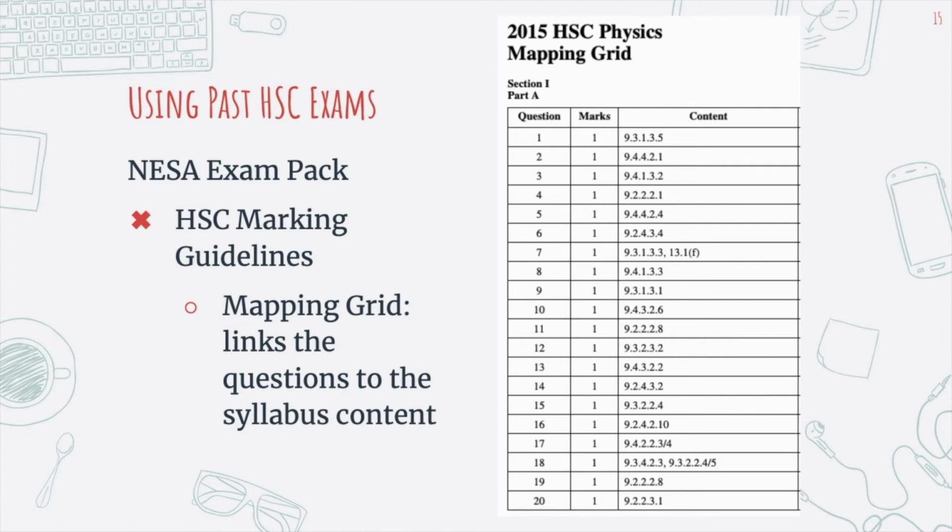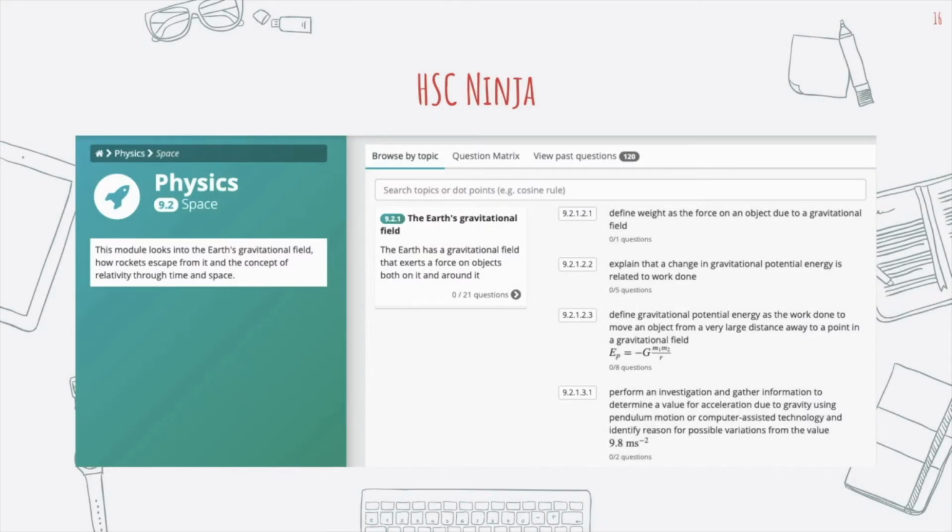Okay, now this can be quite difficult, quite time consuming to go through all of the mapping grids for the past HSCs. So HSC Ninja has already done this for us. It has gone through all of the past HSC papers, broken down all of the exams into their relevant dot points, and under each of the headings you can see that there are a certain number of questions that have been asked in previous HSCs about those particular areas.